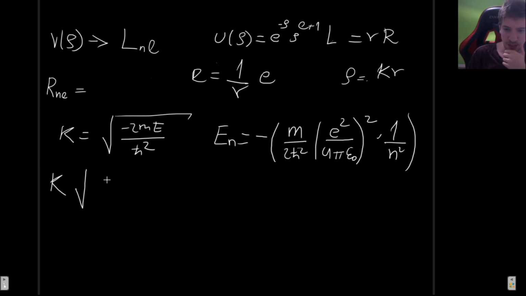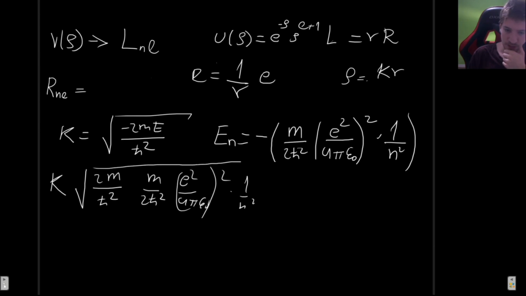So we get 2m divided by h bar squared times m divided by 2h bar squared e squared over 4 pi epsilon 0, all of this squared, times 1 over n squared. So now we take the square root of this. Well, the 2's will cancel out. Everything else is going to be squared.